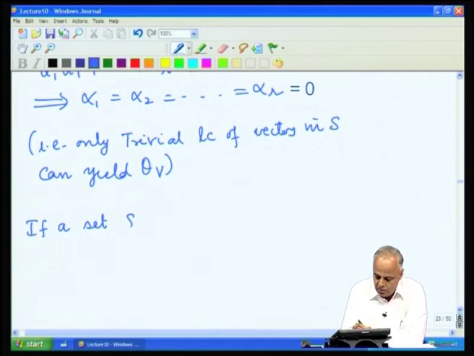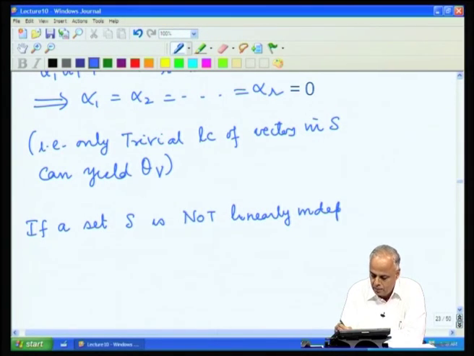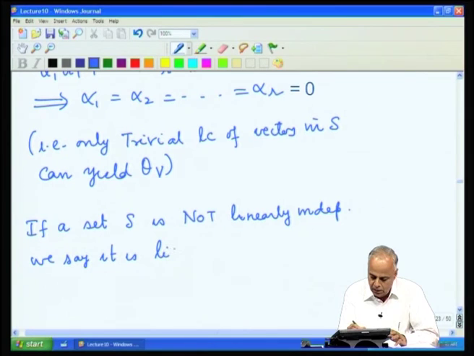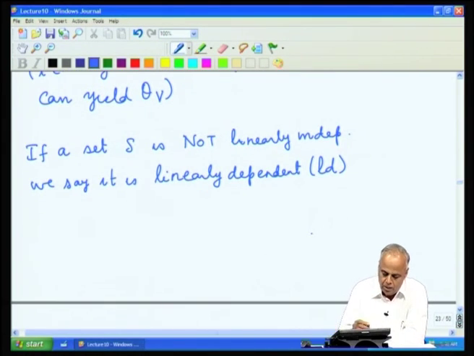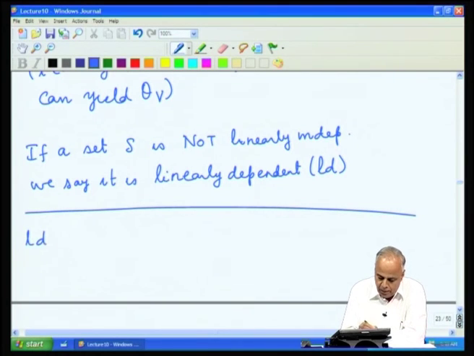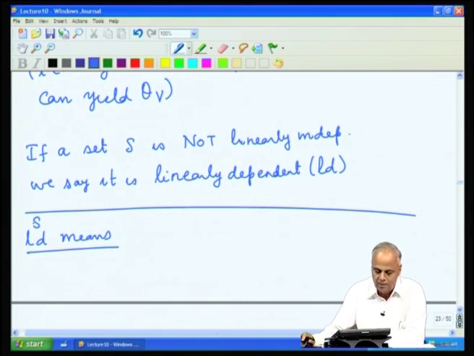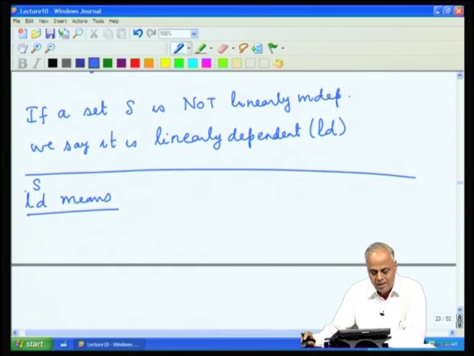If a set S is not linearly independent, we say it is linearly dependent. We write LD for linearly dependent. We say it is linearly dependent. Notice, S is linearly dependent means that it is not linearly independent.